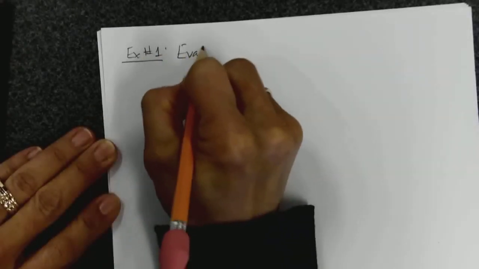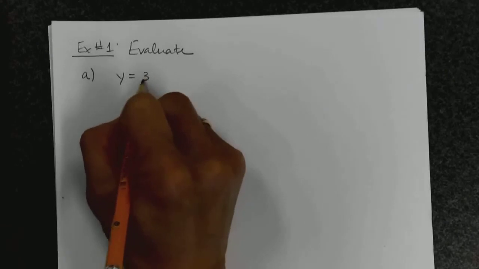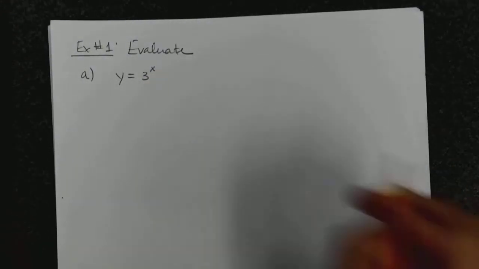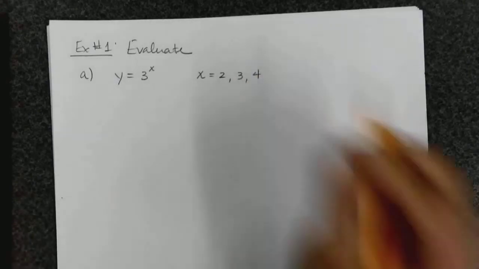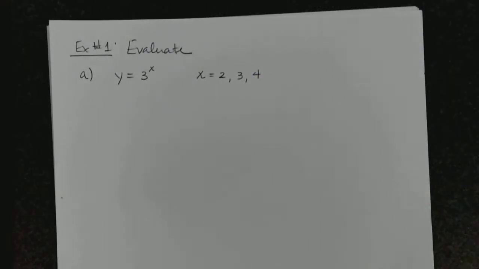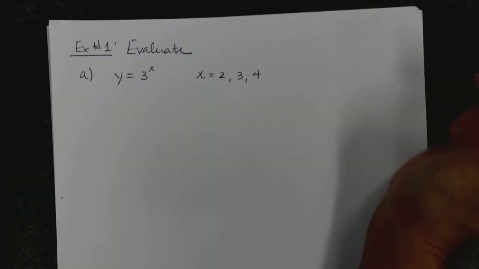And we are going to evaluate a couple different functions here. First one is y equals 3 to the x. And I want to evaluate for x values for 2, 3, and 4. So we're going to do 3 different x values.